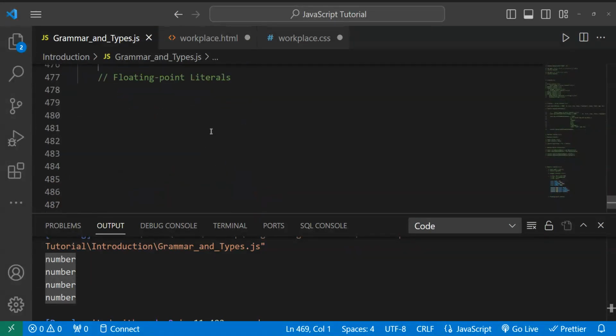Let's talk about floating point literals. So in floating point literals, we can have the following parts: an unsigned decimal integer, a decimal point starting with the dot, a fraction, another decimal number, and an exponent. The exponent part is a little bit different.